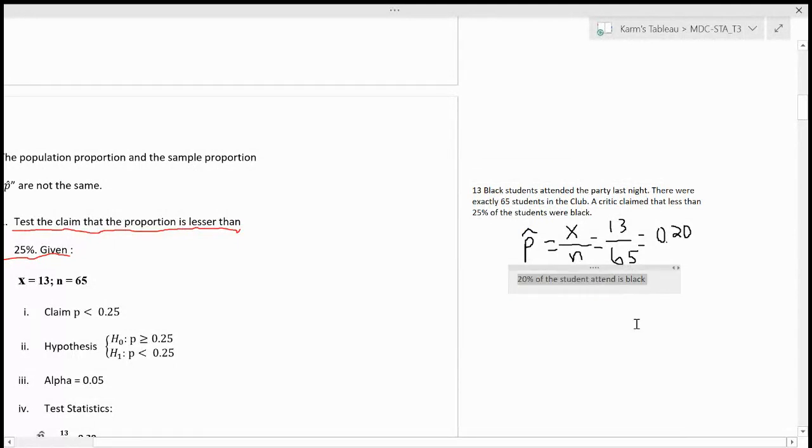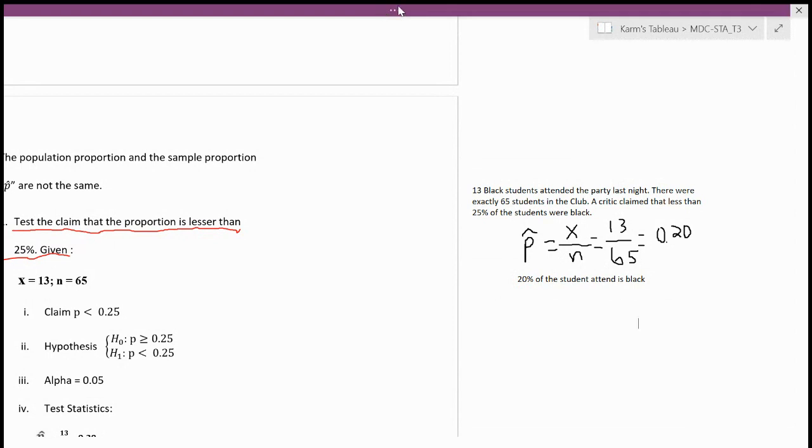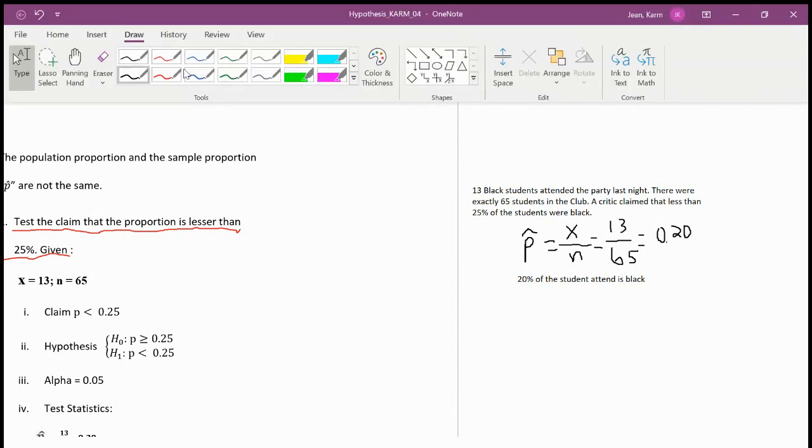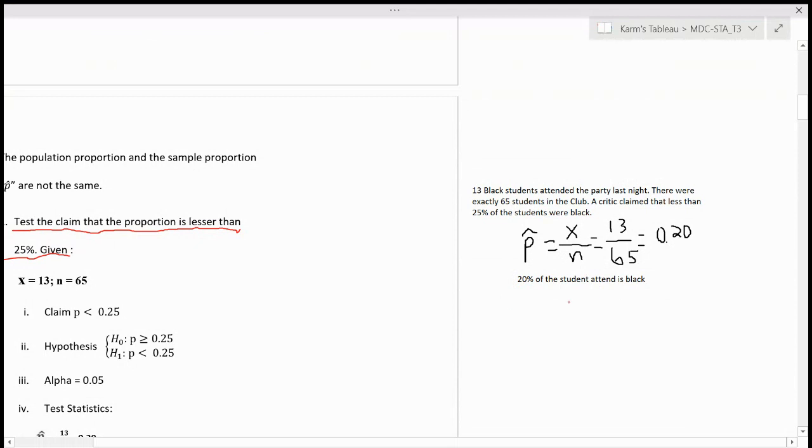So as you can see clearly, that number is less than 25%. It seems like the critic might be telling the truth. That's really less than 25%. So based on the critic, this is clearly less than 25%. What you're going to do is try to generalize it to the population, to say that they don't like inviting black people to the party.